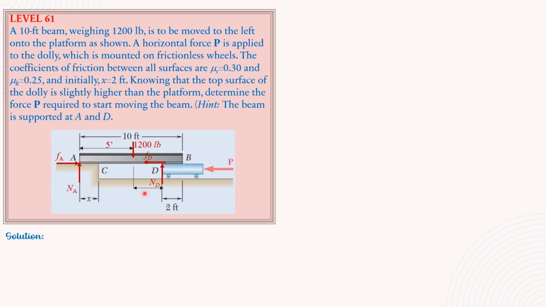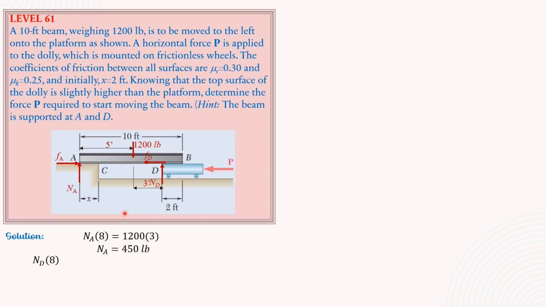Then this is 3 feet, 5 minus 2 feet. Then summation moment about D equals 0, NA times 8 is equal to 1,200 times 3, so NA is equal to 450 pounds.